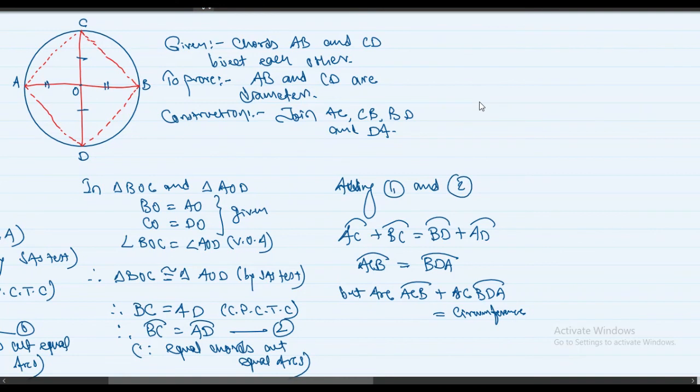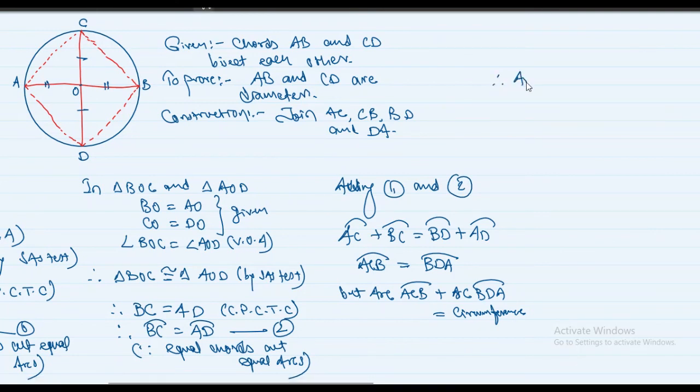Therefore arc ACB is equal to half the circumference, right? If you add them, we get the circumference, and they are equal to each other. So one of the arcs is half the circumference, and therefore we can say that AB is a diameter.